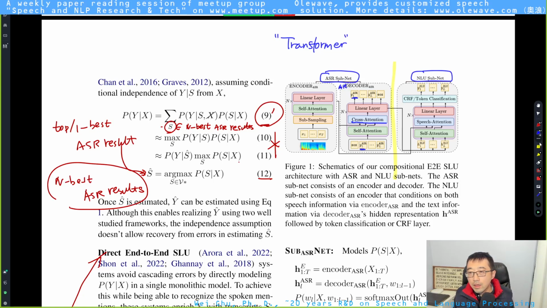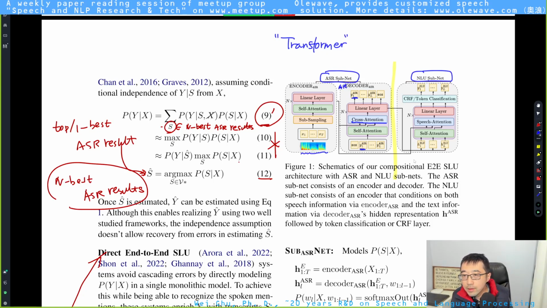Okay, then I think the interesting thing is the NLU subnet. You can see that it also tries to borrow the same architecture as a transformer. The only thing different is that it does not take speech input as the ASR subnet does. Instead, it takes two inputs.